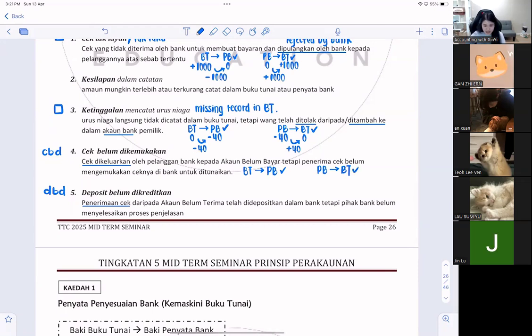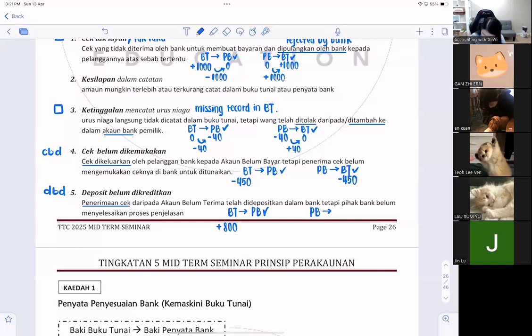Since we are the one paying, I don't care whether it's processed or not. In my buku tunai, surely I have written negative of, let's say, negative 450. Meanwhile, for the DBD, if I'm using the first method, I would have already recorded inside my buku tunai positive 800.